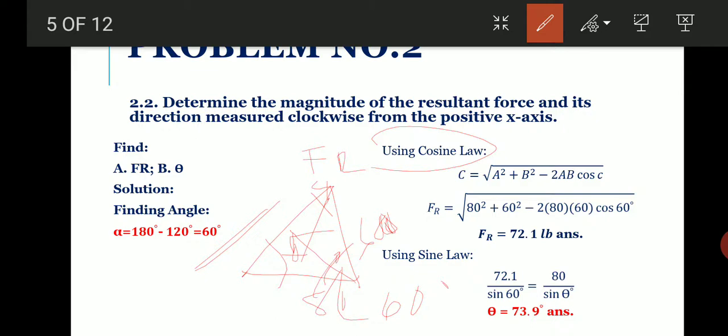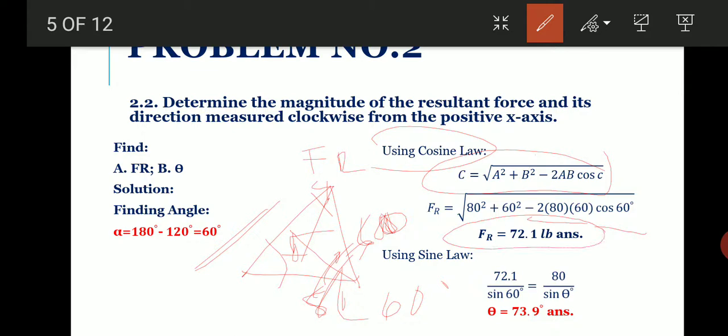So we got the formula using the cosine law: a squared plus b squared minus 2ab cosine C is equal to 80 squared plus 60 squared minus 2 times 80 times 60 times cosine 60.